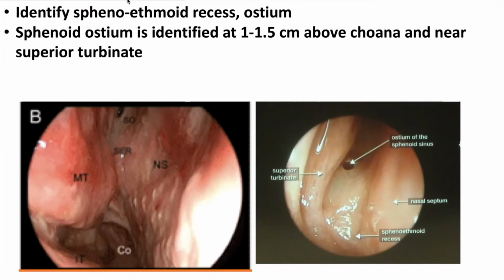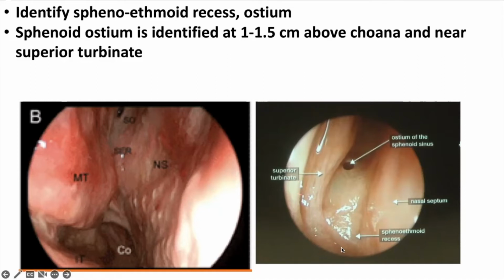Then identify the spheno-ethmoid recess and the ostium. This is the space between the nasal septum and the middle turbinate. This is the spheno-ethmoid recess, and when you go up from the choana about 1 to 1.5 centimeters above, you will find the ostium, which is near the superior turbinate.